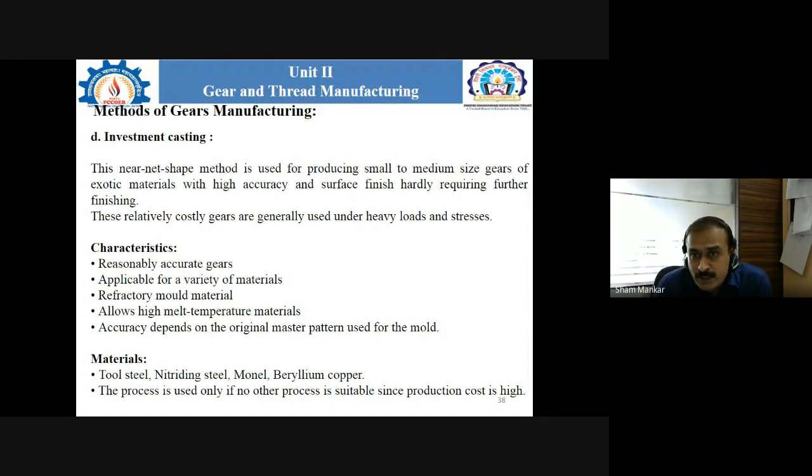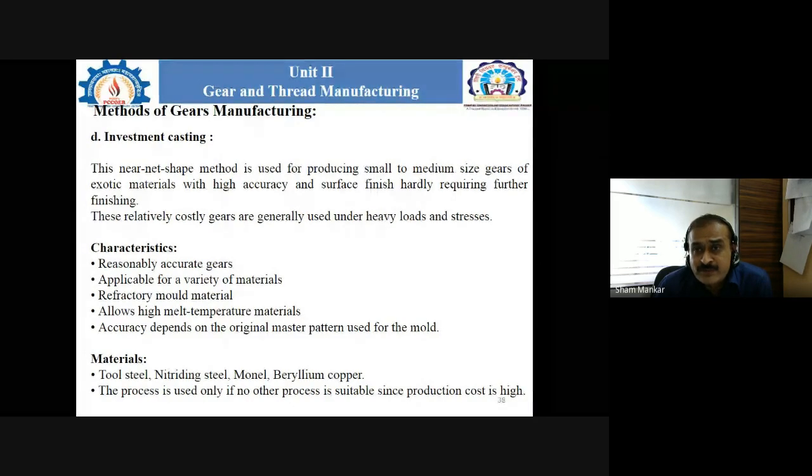Due to the higher surface finish and high accuracy, this entire process is somewhat costlier as compared to the first three processes we have seen.